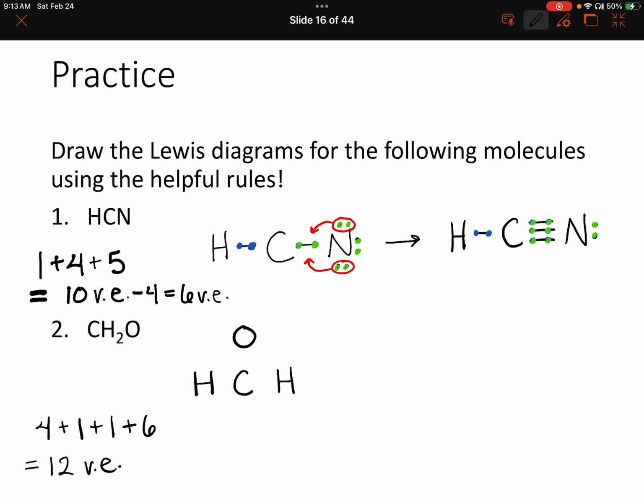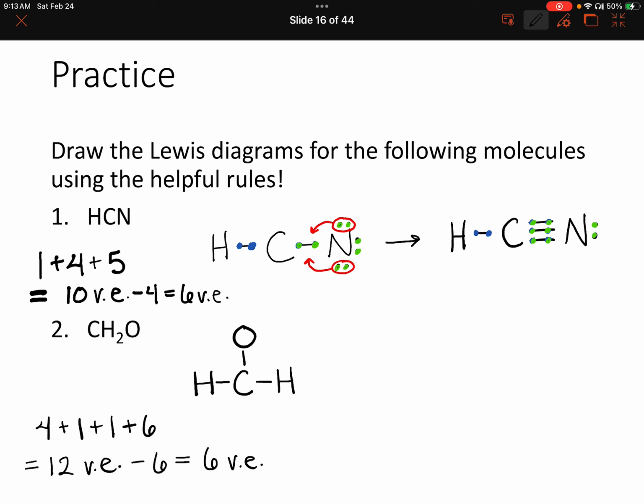So now I'm going to make my covalent bonds between carbon and each atom. So that means we used up 2, 4, 6 valence electrons. So let's subtract 6 from our total. That leaves us with 6 leftover valence electrons.